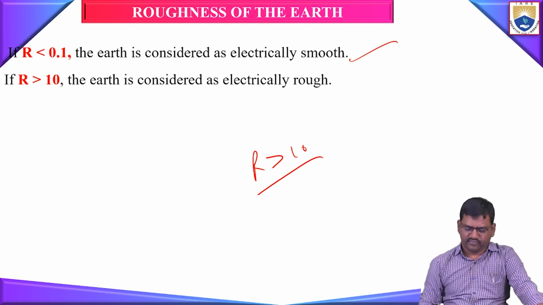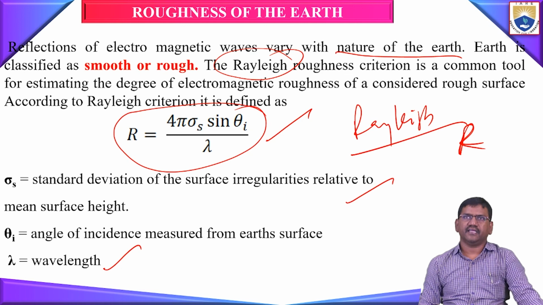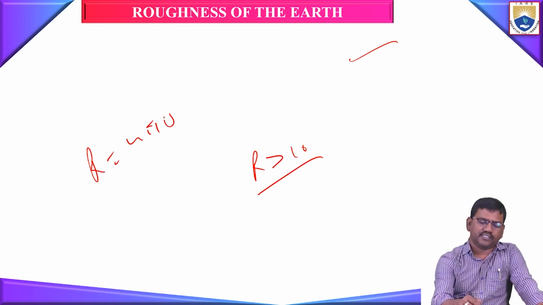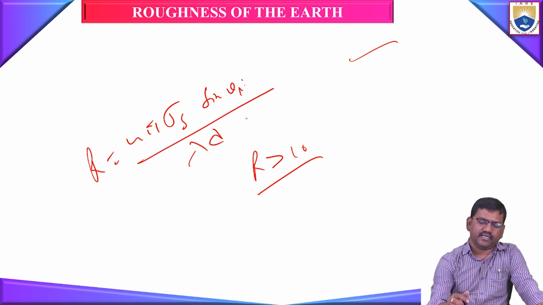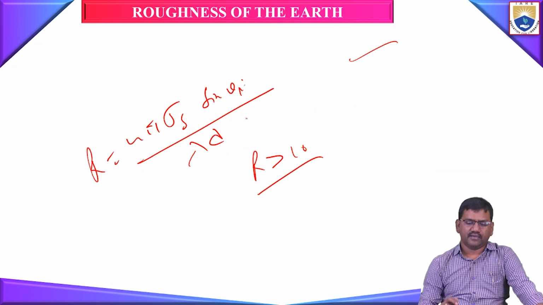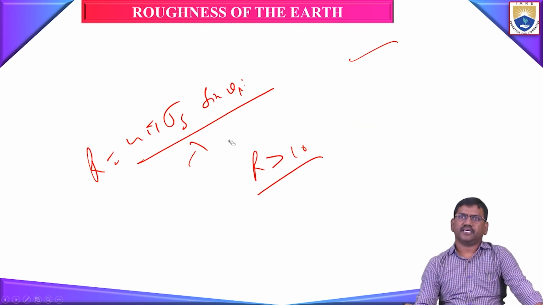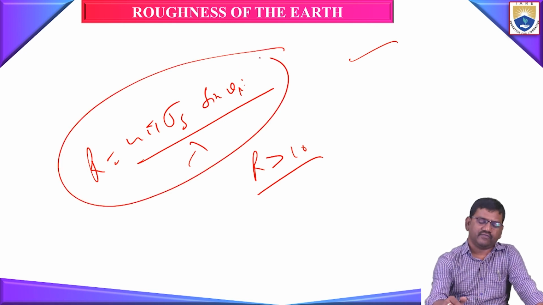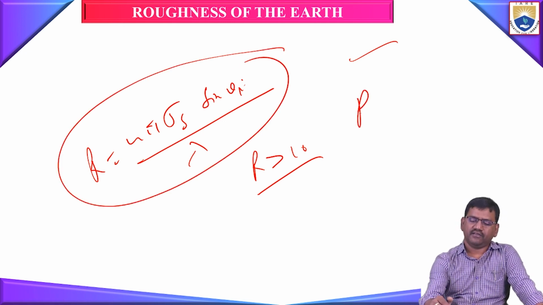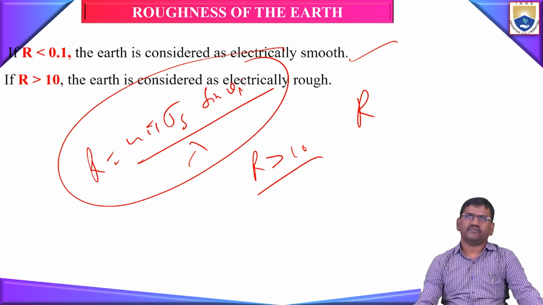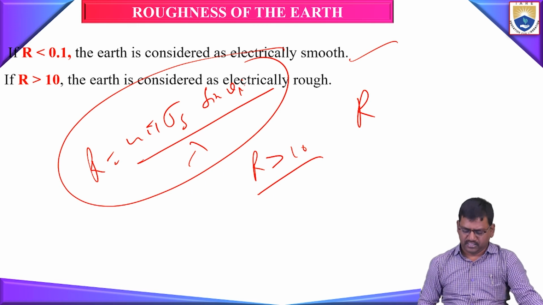So 4 pi sigma s sin theta I by lambda gives the Rayleigh criterion of roughness of the earth, that is the R value. If R is greater than 10, the earth is rough. If R is less than 0.1, the earth is electrically smooth.